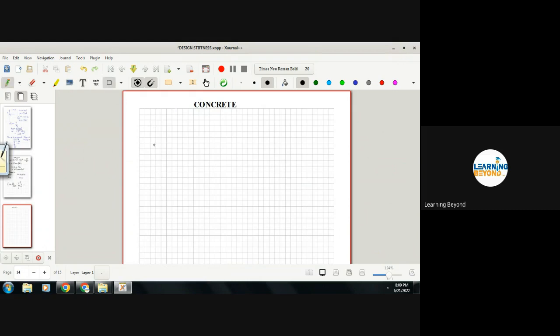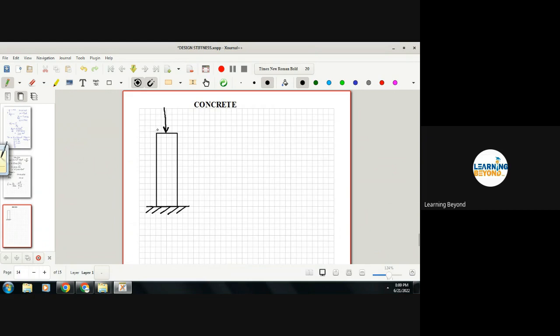We have taken the test of steel previously. Can concrete take tension? Almost negligible. That's why we don't test concrete for tension directly. We apply compression on the concrete.